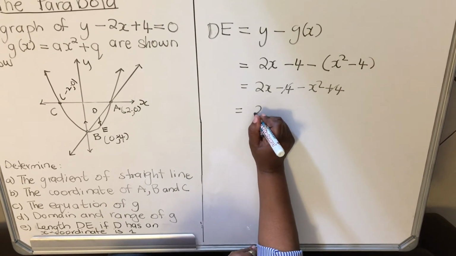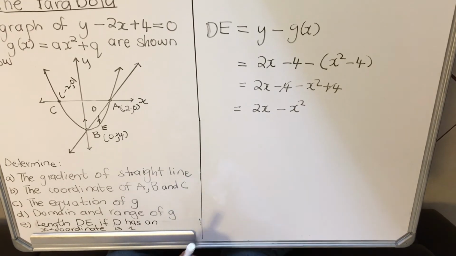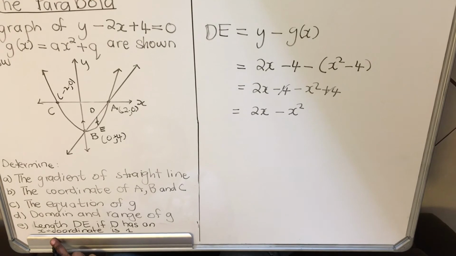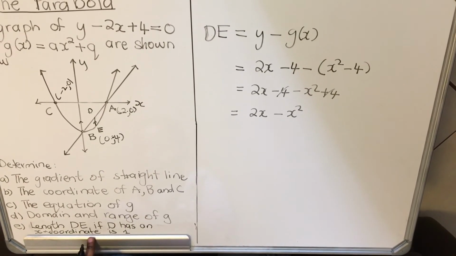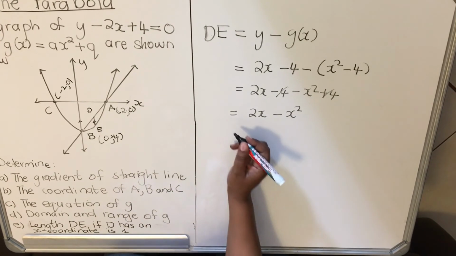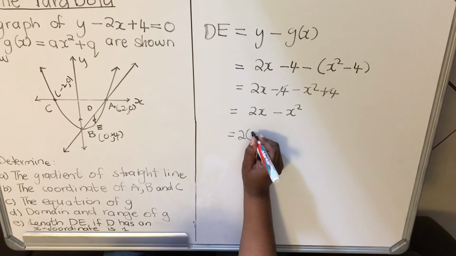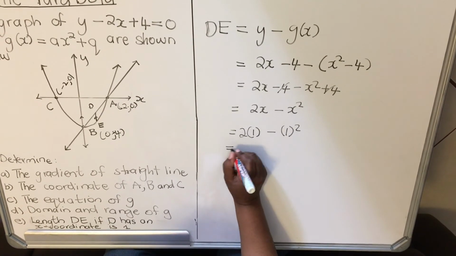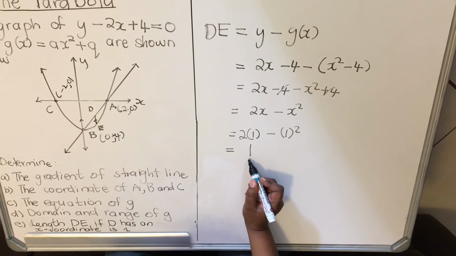I'll have 2x minus x squared. In my question, they say D has an x coordinate which is 1. So for DE, I'm going to substitute 1. I'm going to have 2 times 1 minus 1 squared. Then 2 times 1 is 2, minus 1. So the length of DE is 1.